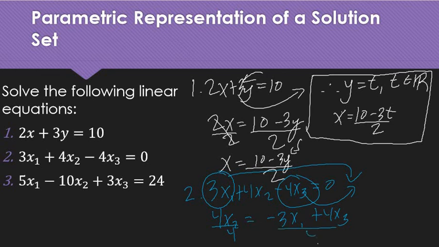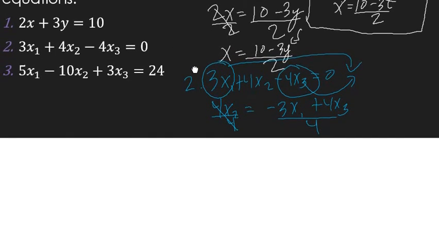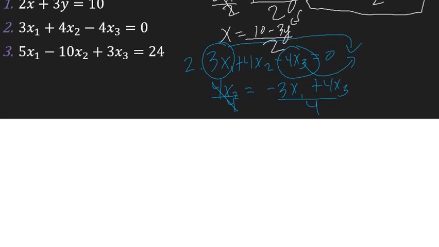Dividing both sides by 4, we don't have space, so we're going to lift that up a little bit. There you go. We would now have x sub 2 is equal to (negative 3x sub 1 plus 4x sub 3) all over 4.